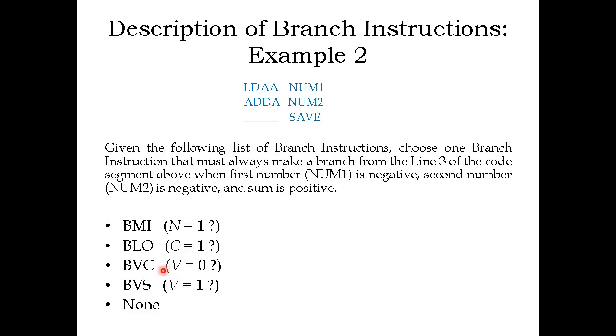Number 3 is BVC, V flag is clear. Obviously, the V flag is not clear, so this will not make a branch. But number 4 is probably a good choice, right? BVS, branch when V flag is set. So as you can tell from the question, V flag is set, right? So your answer must be this one.